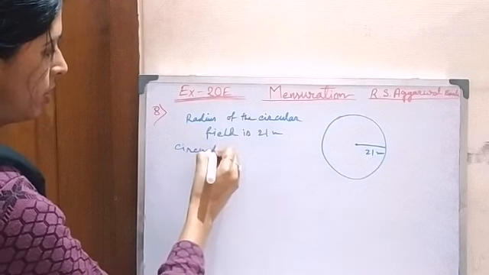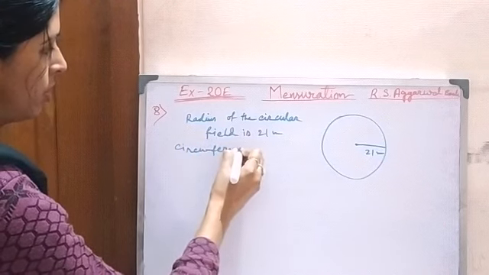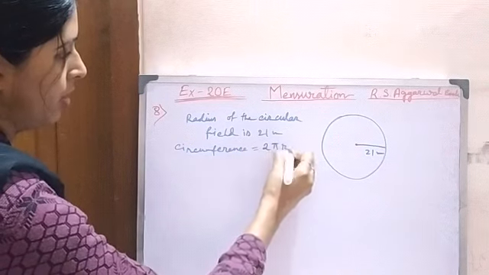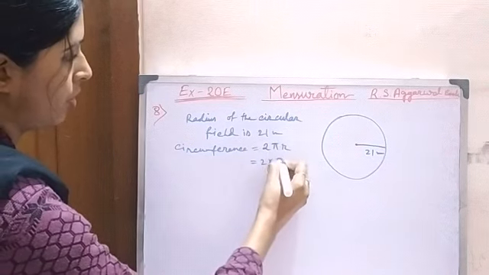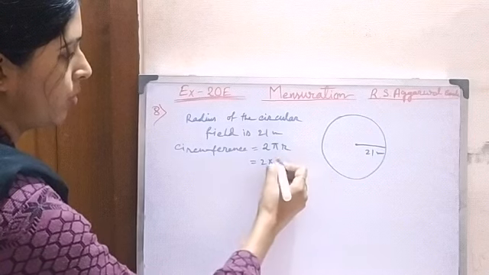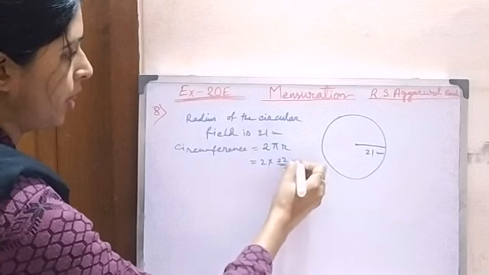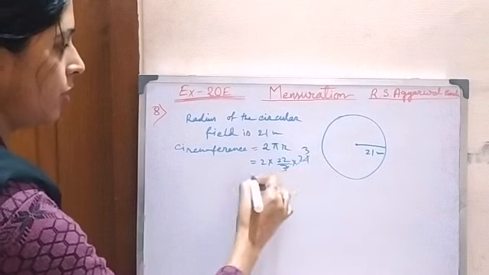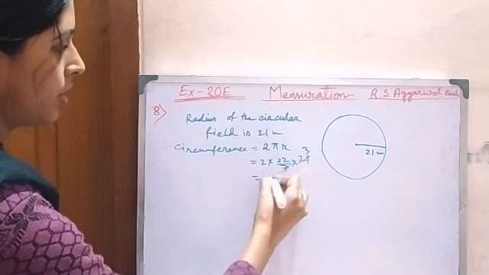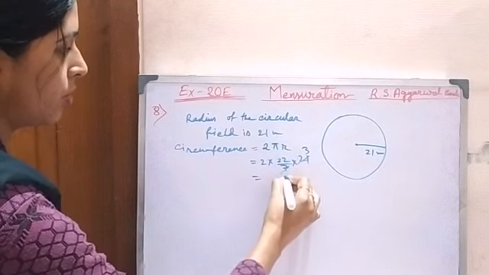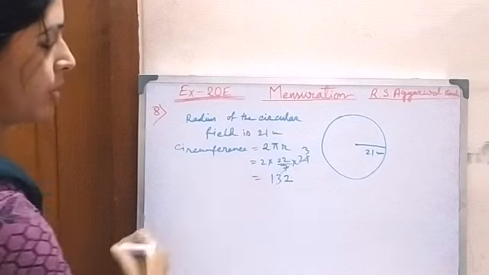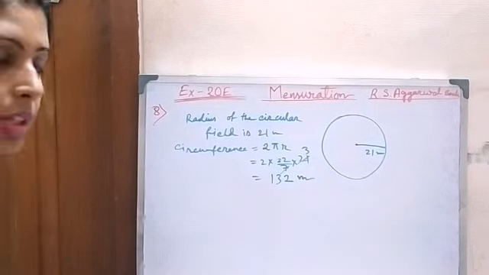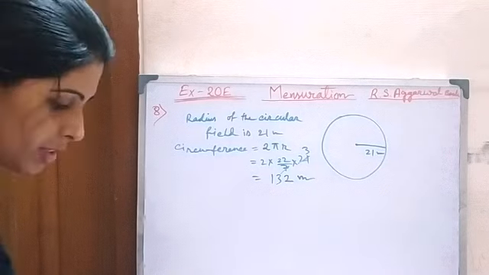Circumference equal to 2 pi r, 2 into 22/7 into 21. So 7 3s are 21, 3 2s are 6, then 6 2s are 12, that is 132 meter. So this is the circumference.